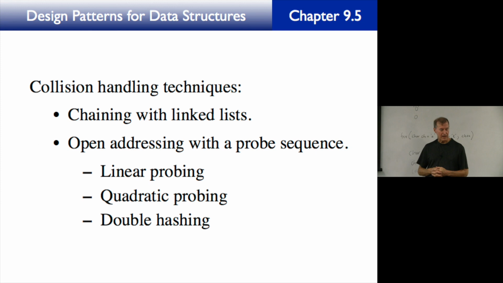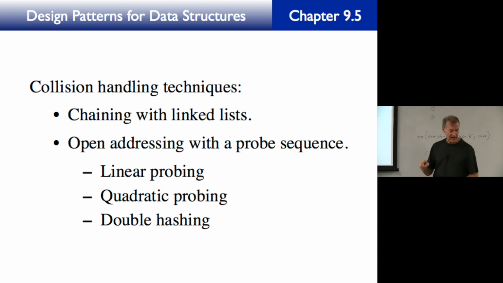We'll see in detail how this works, but instead of the table being a table of key value pairs, it's a table of linked lists. And when you collide to the same one, you just put it in the linked list. The linked lists are called chains.